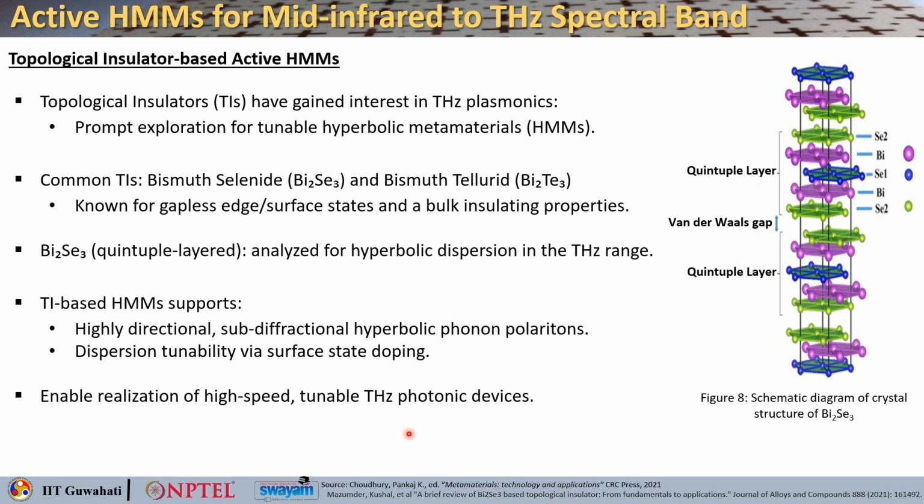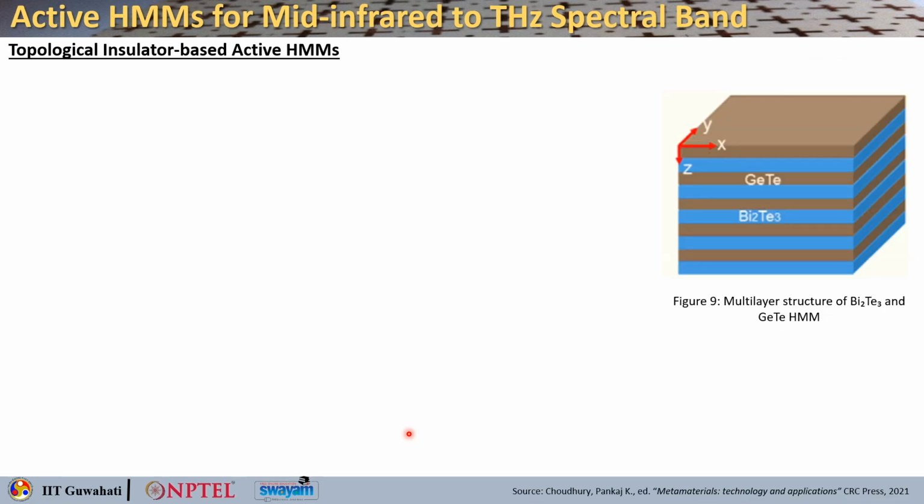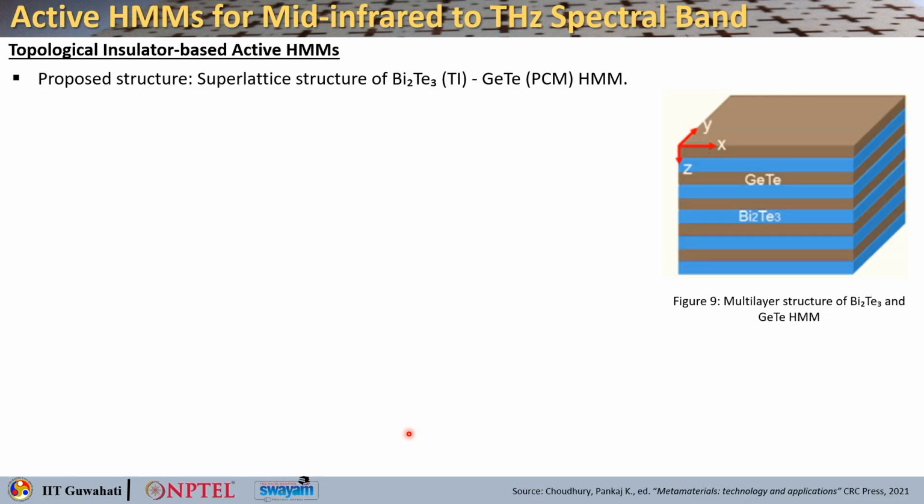And this particular topological insulator is interesting because you can make dynamically tunable terahertz photonic devices using this kind of material. Here we take the example of the other topological insulator material, bismuth telluride, and we take germanium telluride, GeTe, as a phase change material, and we make alternating layers to form this multilayer structure that will work as a hyperbolic metamaterial.